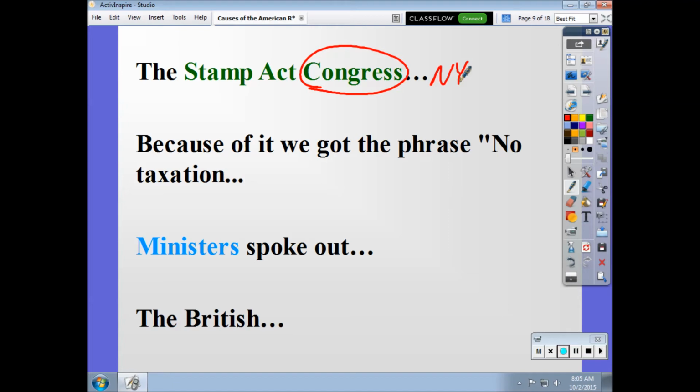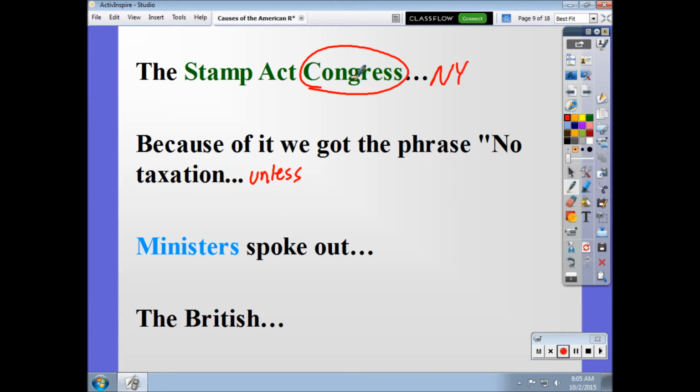When they talk to each other, what is it really all about? Why are we so upset? Well, we're not upset just because we don't believe in taxation. It's not just no taxation. It's no taxation unless we have something else. And what is the something else? Well, it's representation. But what does that mean? Representation refers to the fact that there's nobody in Parliament. Parliament is essentially the Congress of Great Britain.